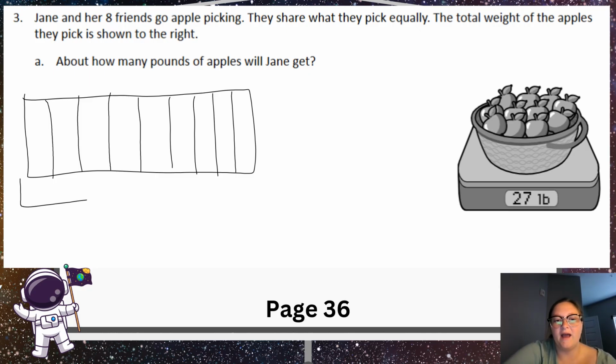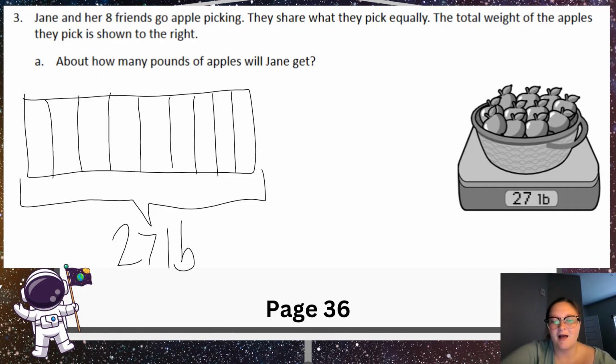And then we know we have a total of 27 pounds of apples. So we are dividing 27 pounds of apples between 9 friends.